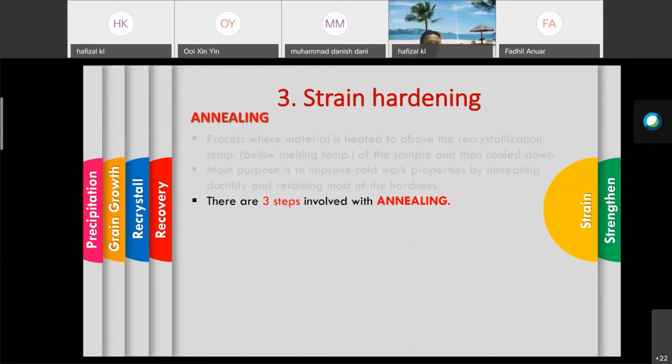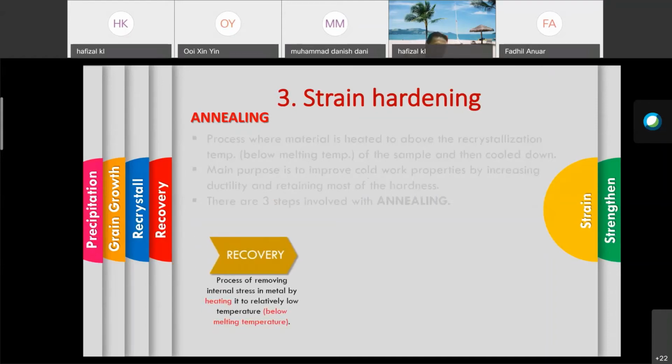There are 3 steps involved in annealing. First, we need to introduce recovery. Recovery is the process of removing internal stress in the metal, because when we introduce cold working, internal stress happens, the lattice strain we saw just now is introduced, and we have the stored energy, which leads to cracking.